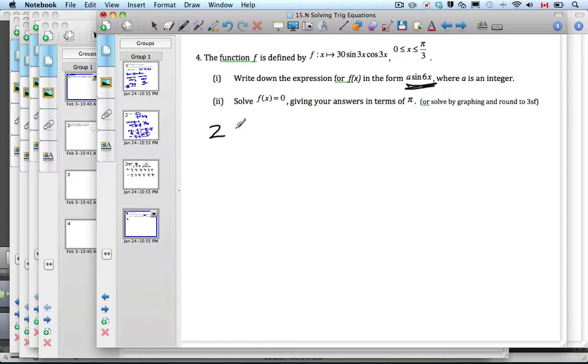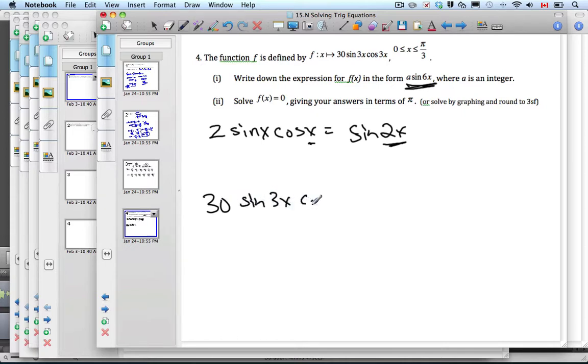Right, so I know that sine of x cos x equals sine of 2x. If we remember, this angle to this angle has to be 2 to 1. Well, I'm given 30 sine 3x cosine 3x.